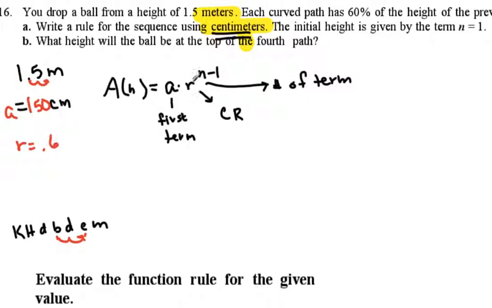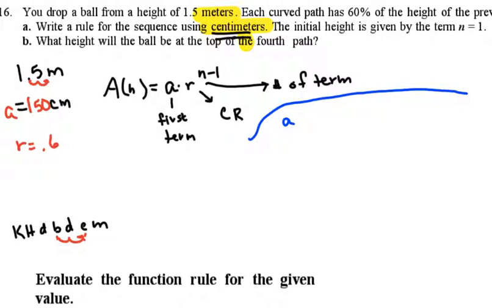All right, now let's take a look at part A. Write a rule for the sequence using centimeters. The initial height is given by the term n equals 1.